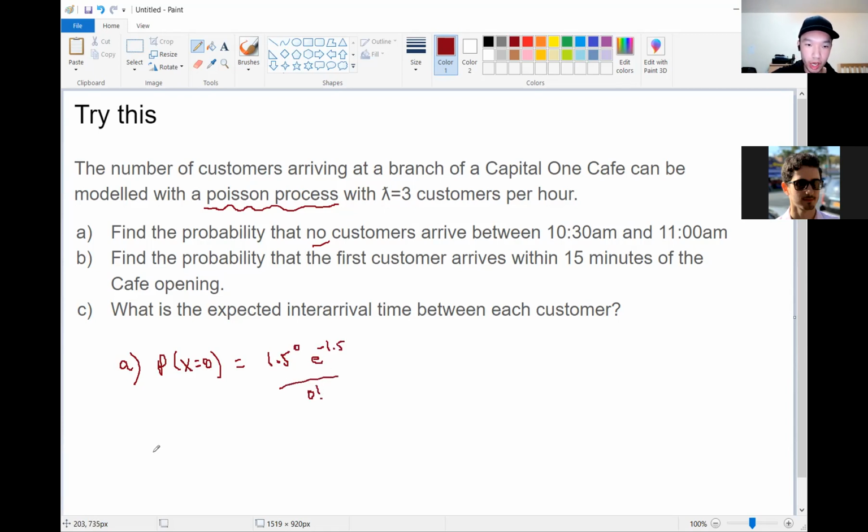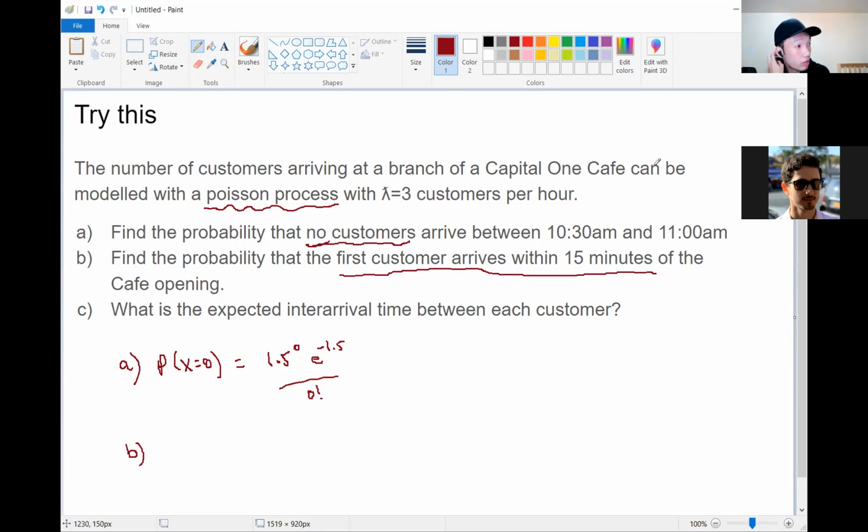Okay, part B. Calculate the probability that the first customer arrives within 15 minutes of the cafe opening. So is this Poisson or exponential? First customer arrives within 15 minutes.